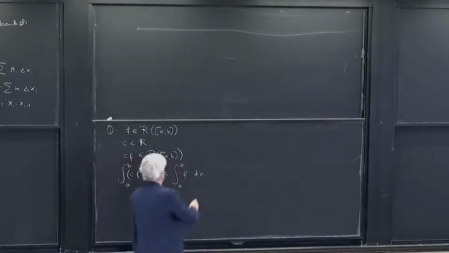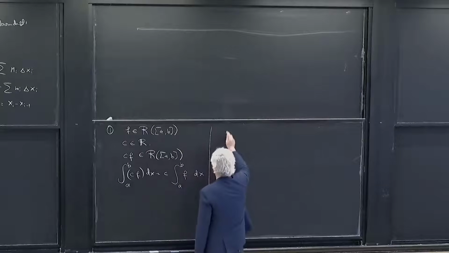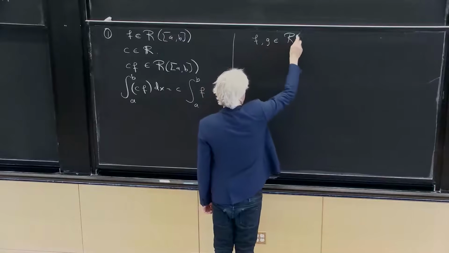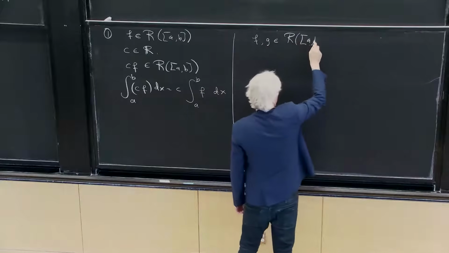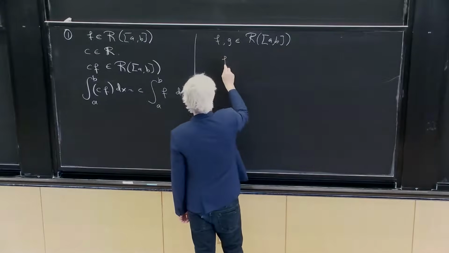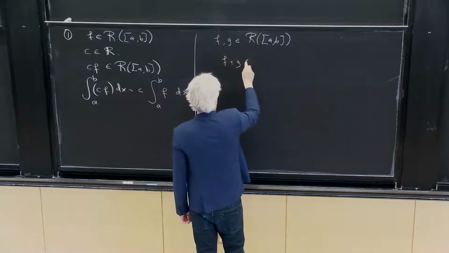Two is that if you have a second function, so in addition to f, you also have a g, and they're both Riemann integrable, then the sum f plus g is also Riemann integrable.